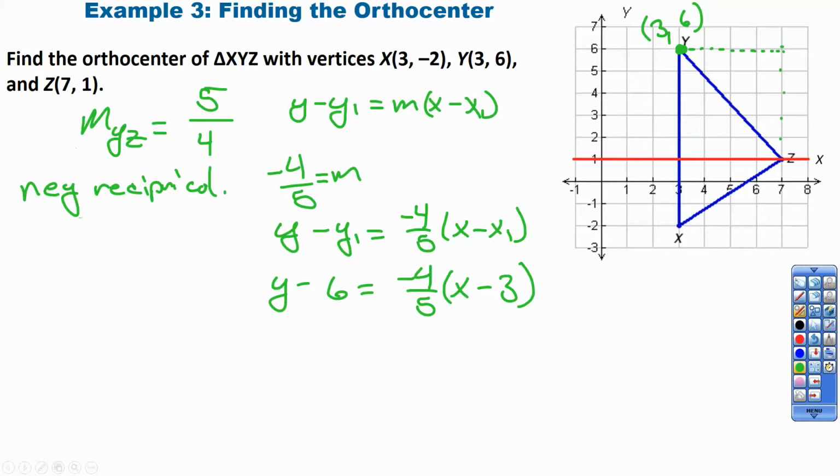Actually, we don't even need to plug that in. Once we have this m, we know that it's negative 4/5. So let's do that. Let's go down 4, 1, 2, 3, 4, and over 5, 1, 2, 3, 4, 5.